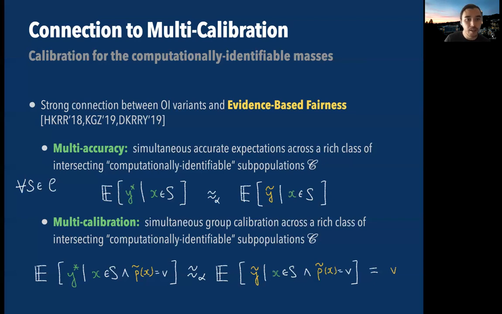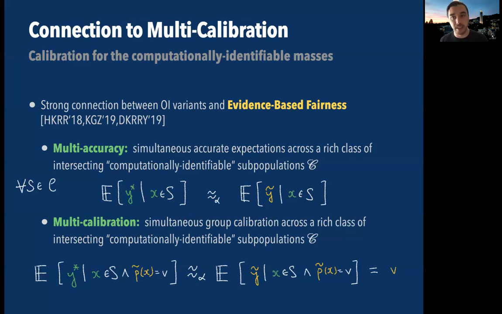So perhaps you want to pause the video and look at these definitions. The idea is that we're going to require a prediction to match the expectations over various subpopulations, which we can think of as being defined by a computational class.